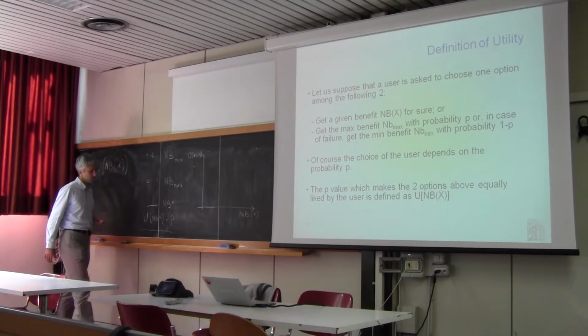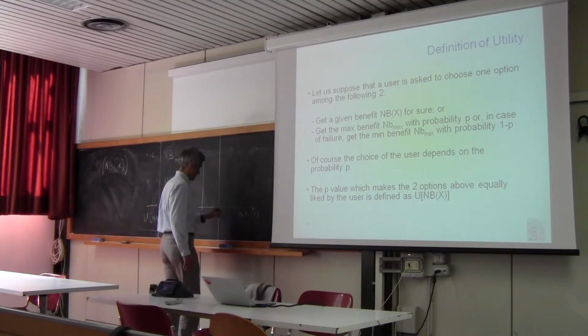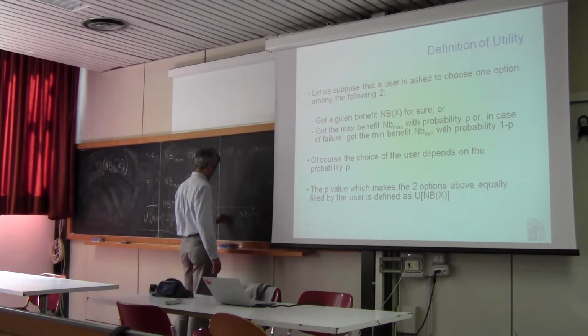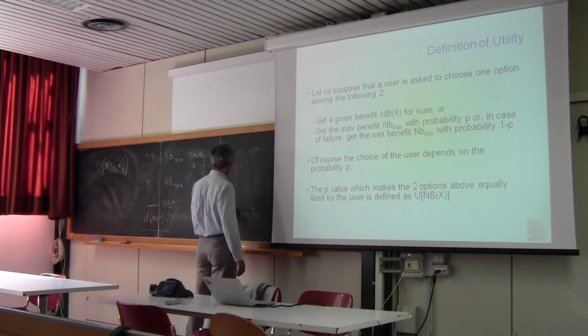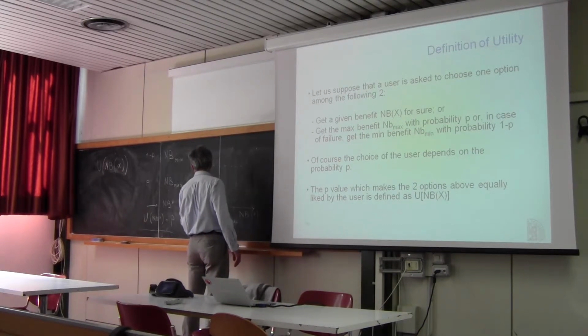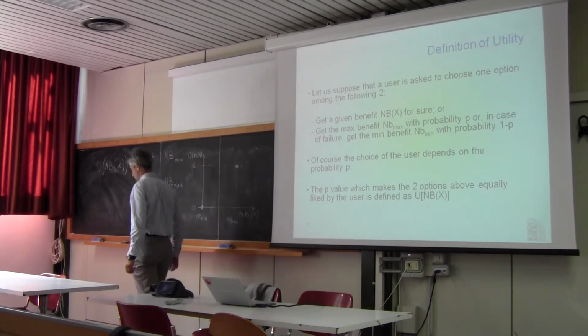And of course, this graph starts from NB min and ends at NB max. And on the ordinates, it goes from 0 to 1. So we have 2 points which are sure, which are 0 for the minimum and 1 for the maximum.